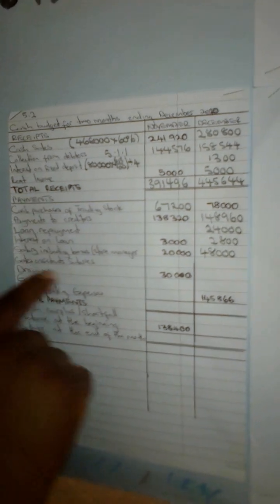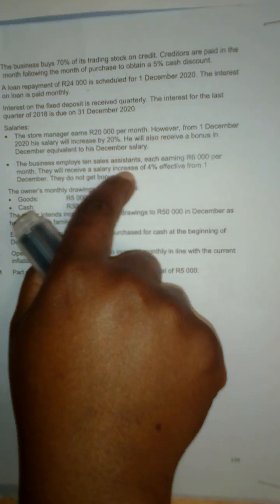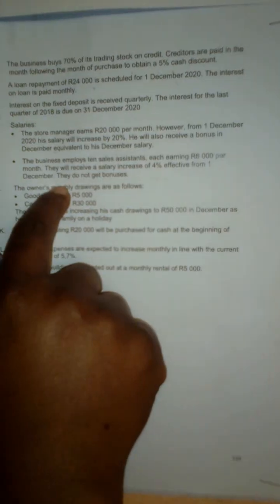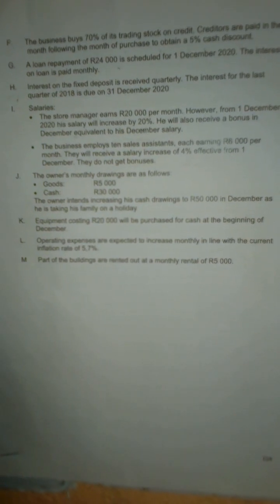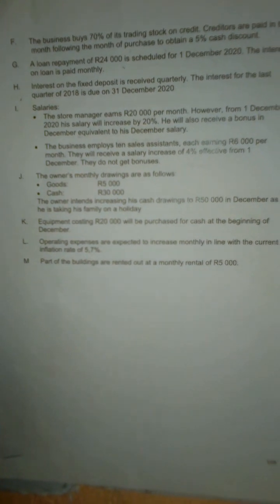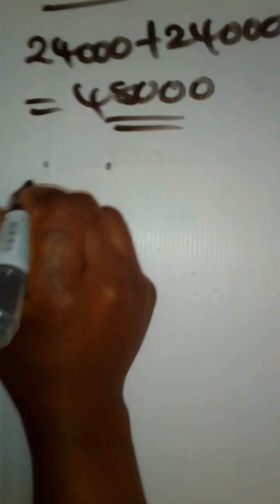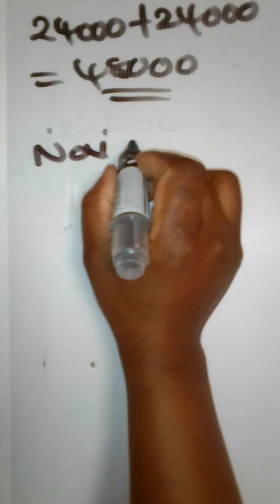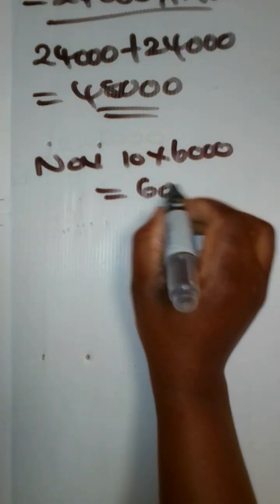And then the sales assistant salaries. The business employs 10 sales assistants, each earning 6,000 per month. They will receive a salary increase of 4% effective from 1 December. They do not get bonuses. Let's calculate the salary for November and December. There are 10 assistants, so for the month of November, we simply say 10 times 6,000, which is equal to 60,000.